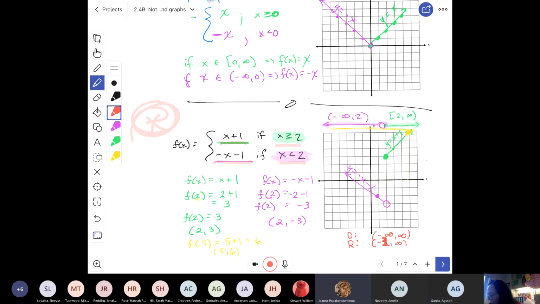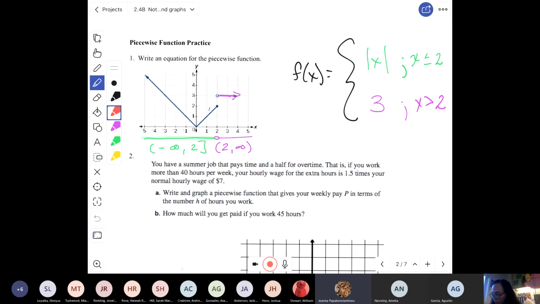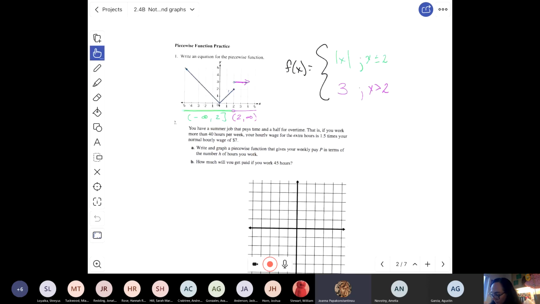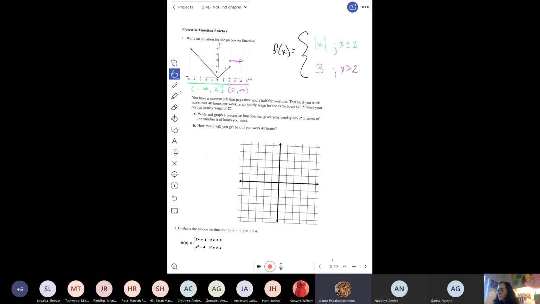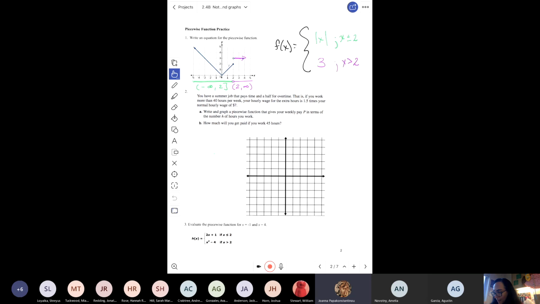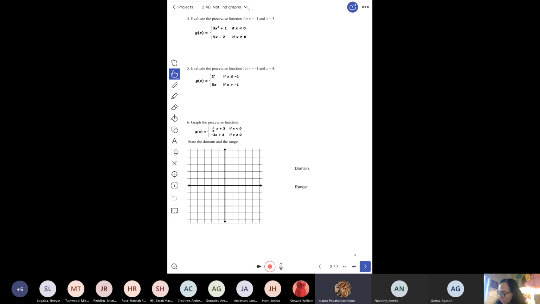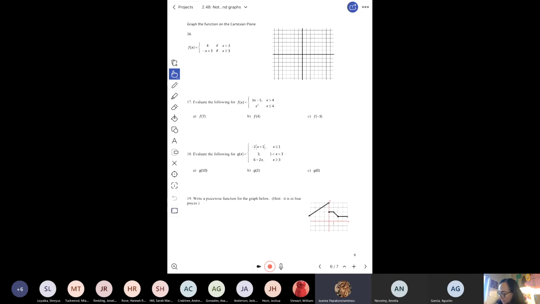Okay, now we did number 1, but notice you have a lot of practice problems here. So I think it's in your best interest to start working on these practice problems, because in tomorrow's class, because today's Wednesday, we are going to be discussing any questions on any of these problems.